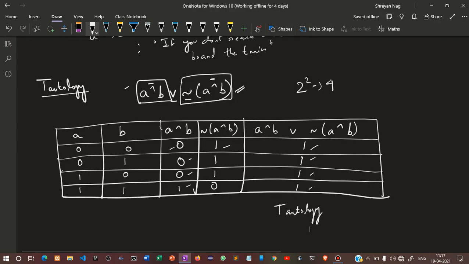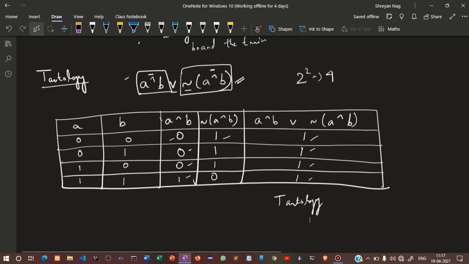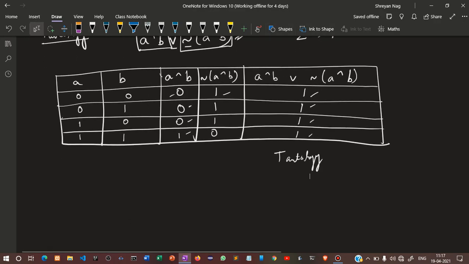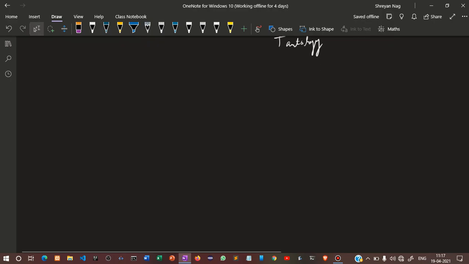Next we will see contradiction. Contradiction is where all the values will be false. Let's take another example to understand contradiction.